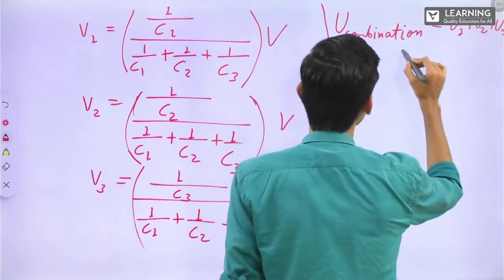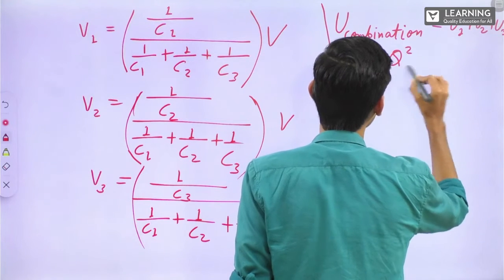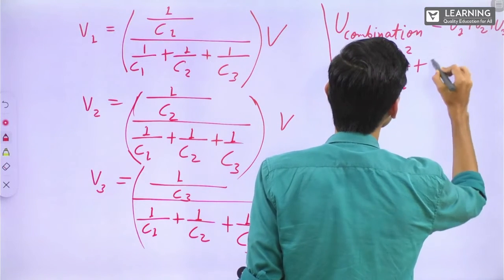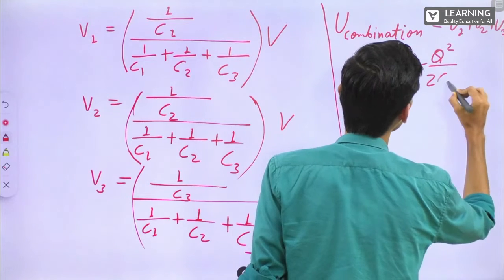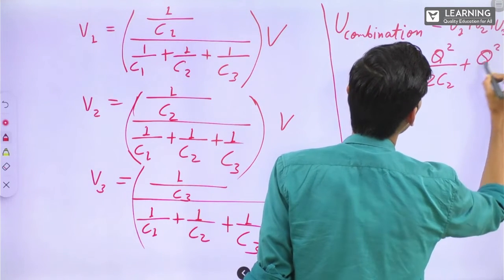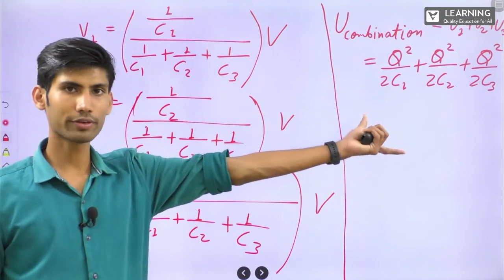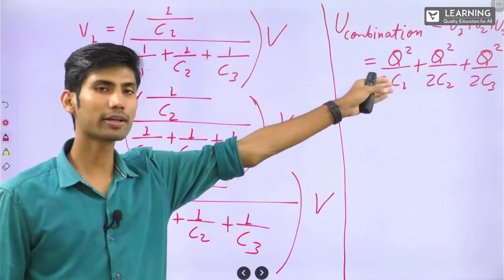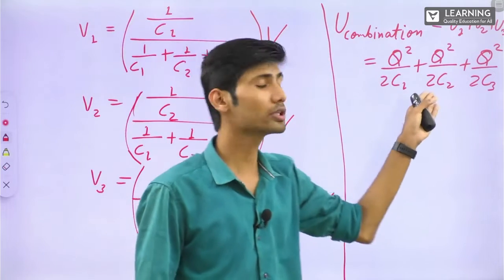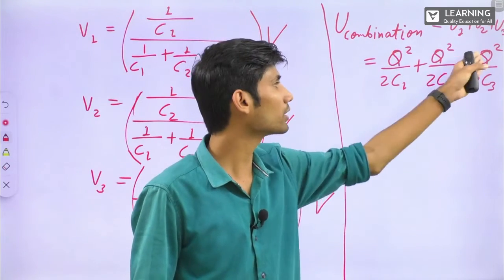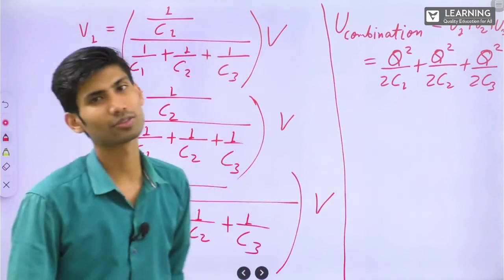It will be Q square by 2C1 plus Q square by 2C2 plus Q square by 2C3. Obviously, Q square by 2C1 is the energy stored in the first capacitor, Q square by 2C2 in the second capacitor, Q square by 2C3 in the third capacitor.